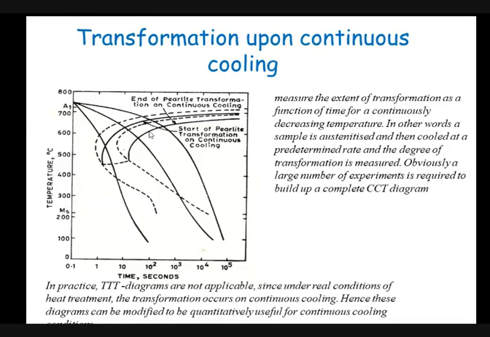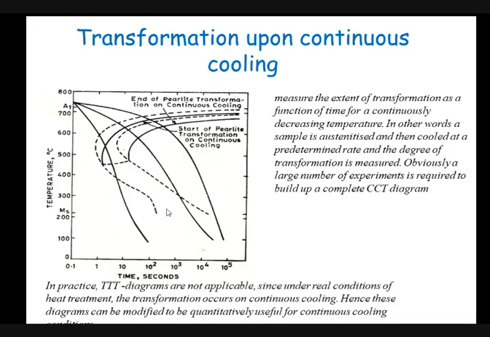You hold the sample below the lower critical temperature, that is below 727 degrees centigrade, at different temperatures, and determine the time for transformation. In a similar way we have constructed this diagram, but you can see here that we have the diagram only up to this part. Below that we don't have this part of the diagram.